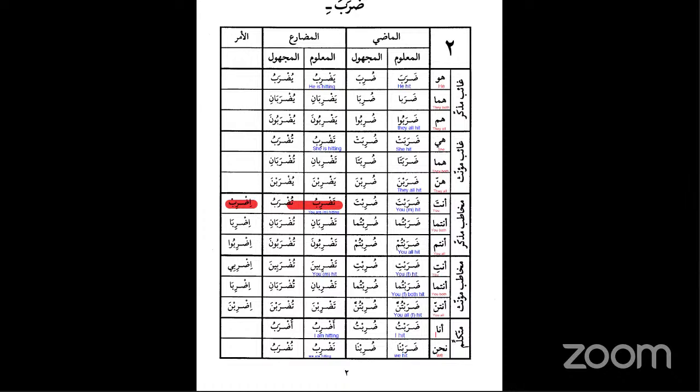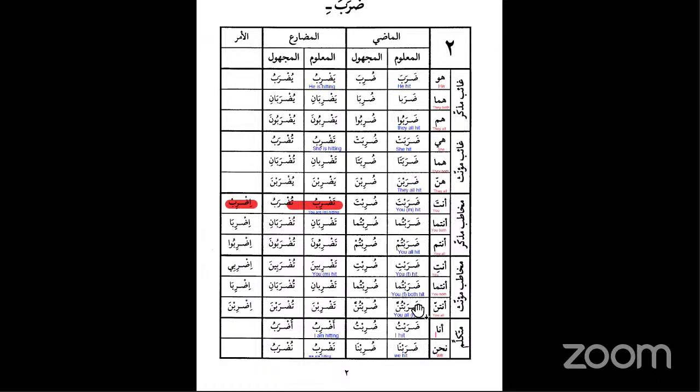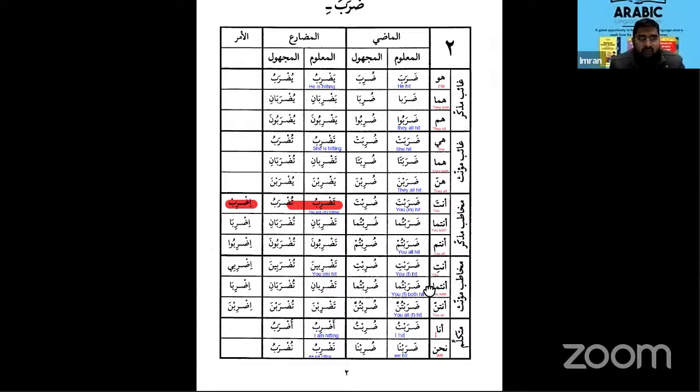Antuma darabtuma, you both hit. Antum darabtum, you all hit. Anti darabti, you hit. Antuma darabtuma, you both hit. Antunna darabtunna, you all hit. Ana darabtu, I hit. Nahnu darabna, we hit. Excellent. Can I request next person, Sister Sabira?